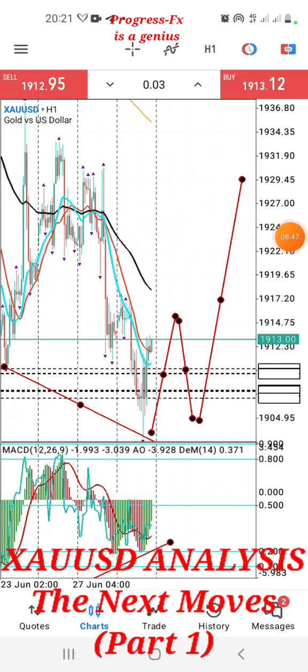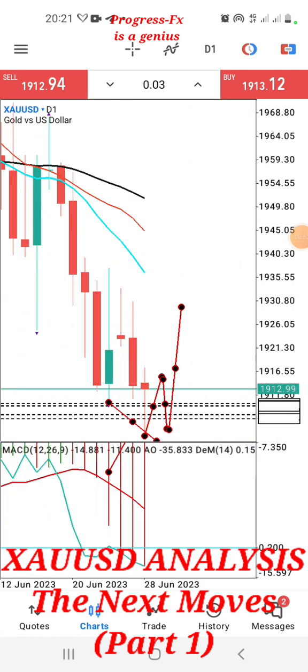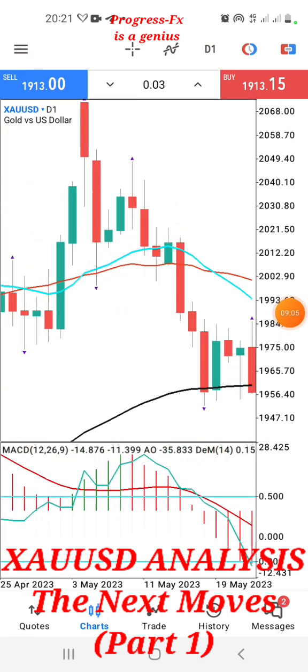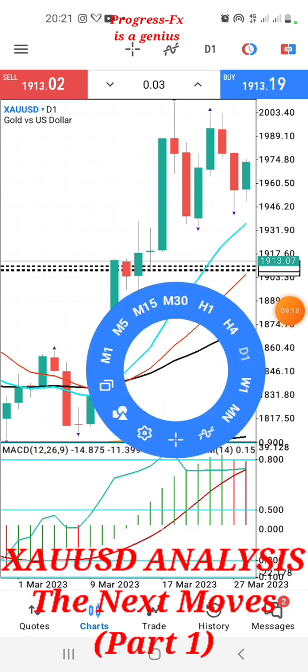But should this place finally form this pin bar, then there is a possibility of tomorrow's candlestick not breaking this pin bar, because it has already retested this demand and supply area. So whichever way, keep your eyes on the market.